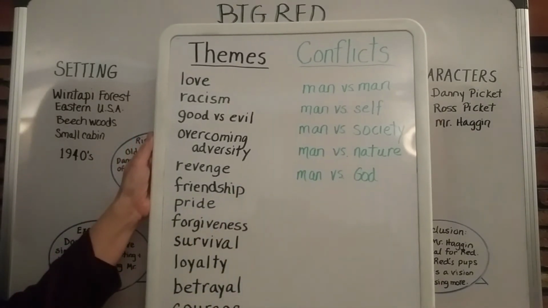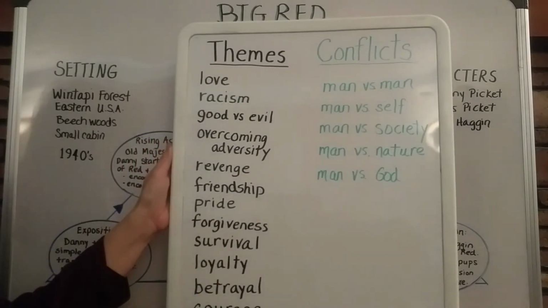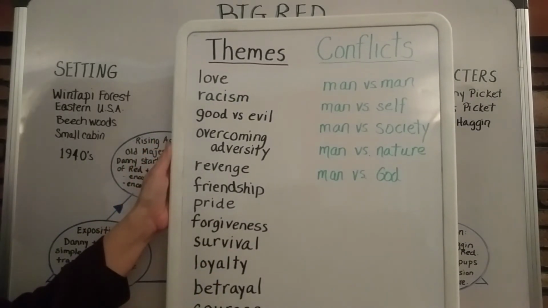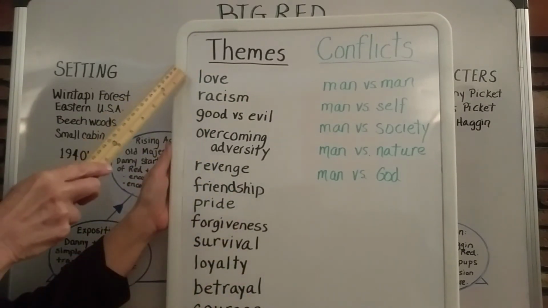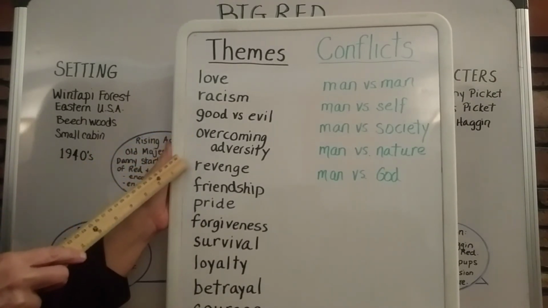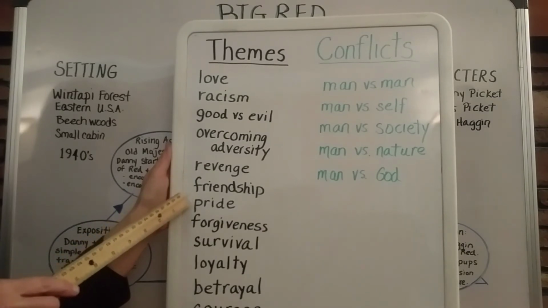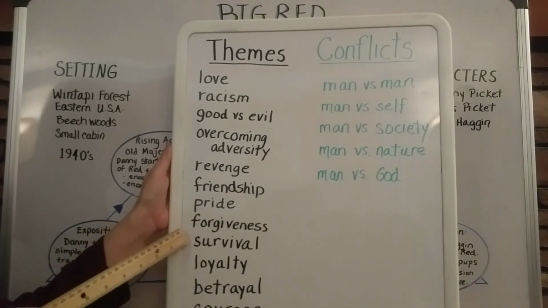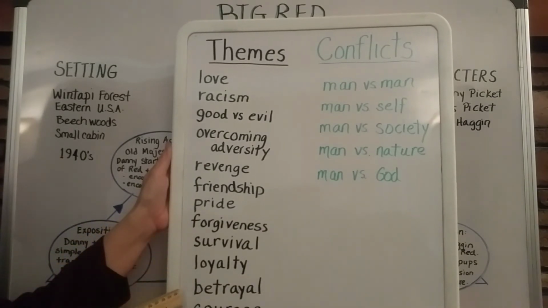But now let's talk about themes. Like I said, there are many, many themes in literature. These are just a small portion of some of the many themes in literature. Love, racism, good versus evil, overcoming adversity, revenge, friendship, pride, forgiveness, survival, loyalty, betrayal, courage, and war.